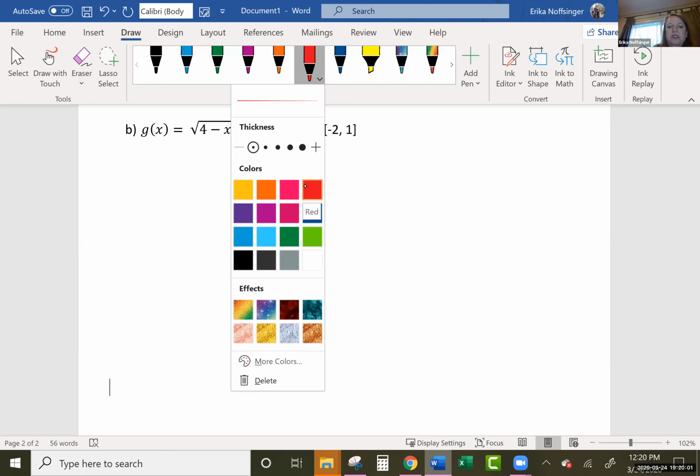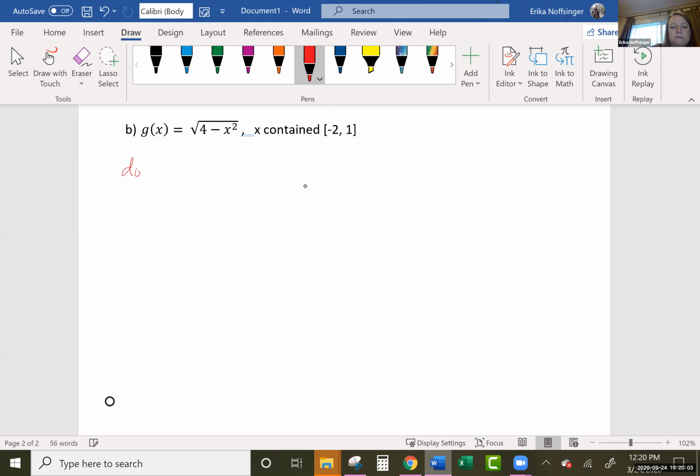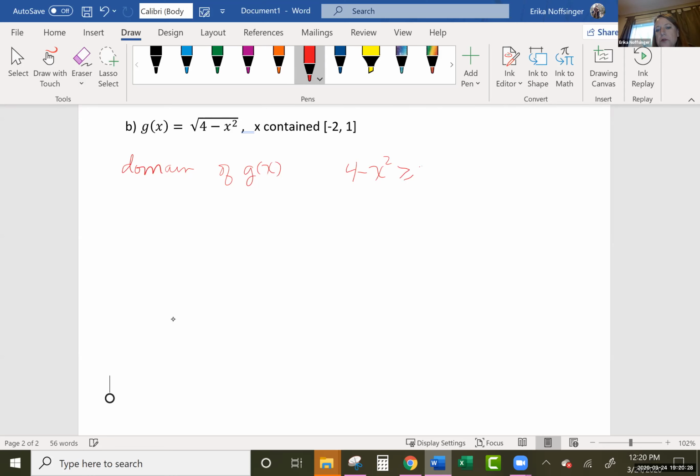If we look at our domain of g of x, because it has a radical there, the index is even, we can't have negative numbers underneath the radical and get back a real number. So we need to make sure that 4 minus x squared is greater than or equal to 0.